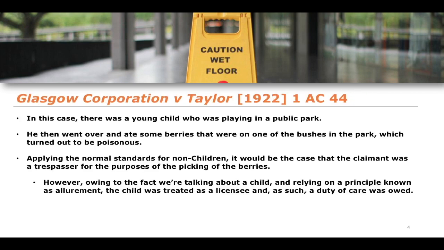Most adults won't be so reckless as to just pick random berries off a bush and eat them. Children, however, are not going to know the difference between poisonous and non-poisonous berries, and so a child picking a berry off a bush is not going to be seen as something of a similar standard of recklessness as ordinary adults. And so we can rely on this principle known as allurement to suggest that a child shouldn't be treated as a trespasser, to whom no duty of care is owed by the owners of the public park, the local council.